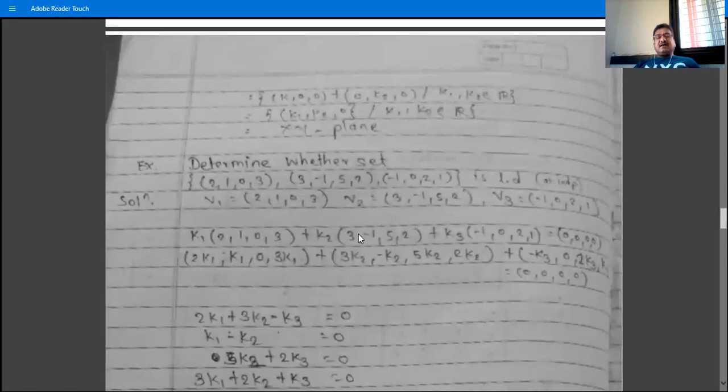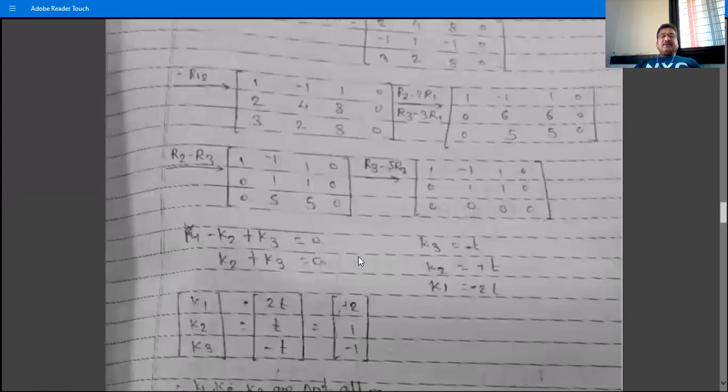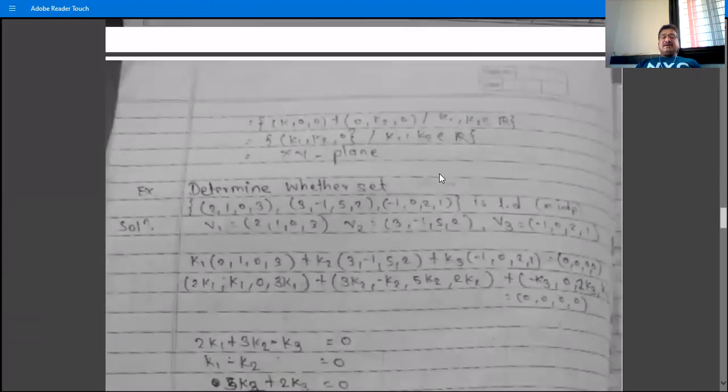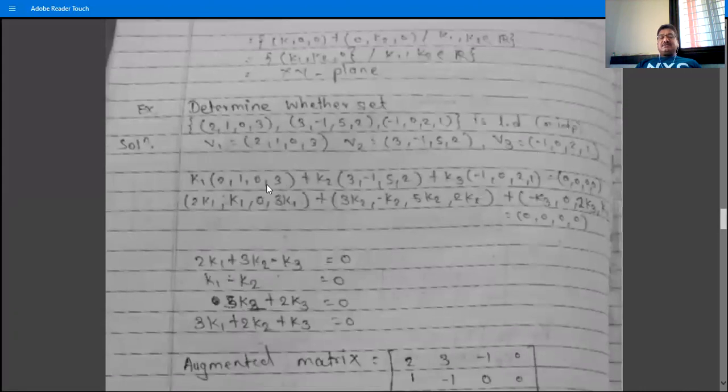Then write V1 as 2, 1, 0, 3, V2 as this vector, V3 as this, and 0 bar is 0, 0, 0, 0, the 4-tuple 0. Substitute V1, V2, V3 in the equation.